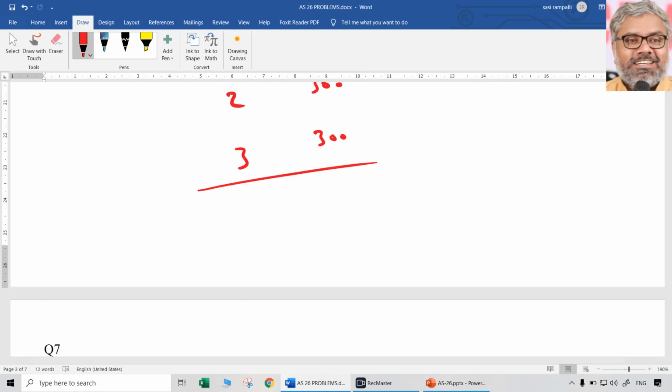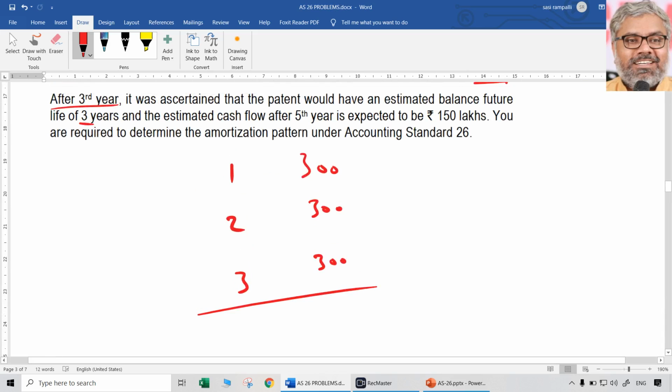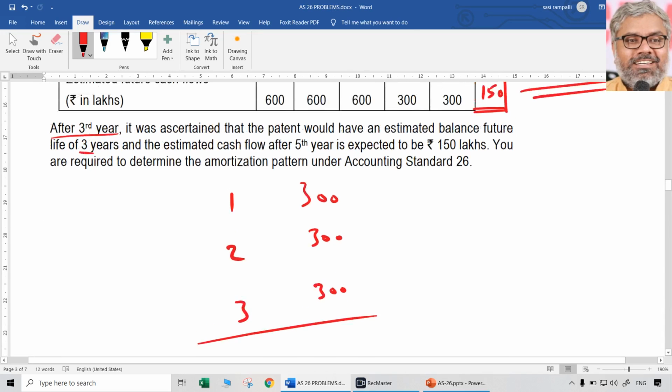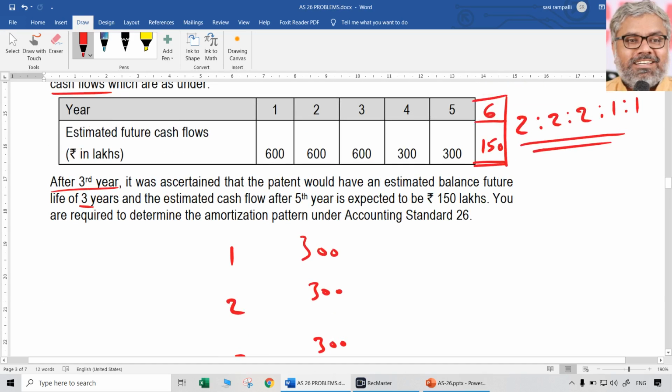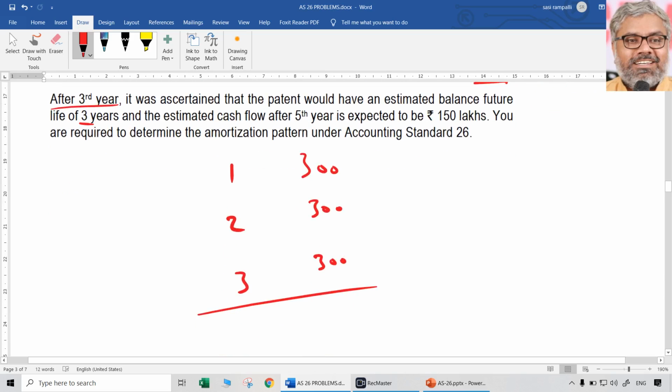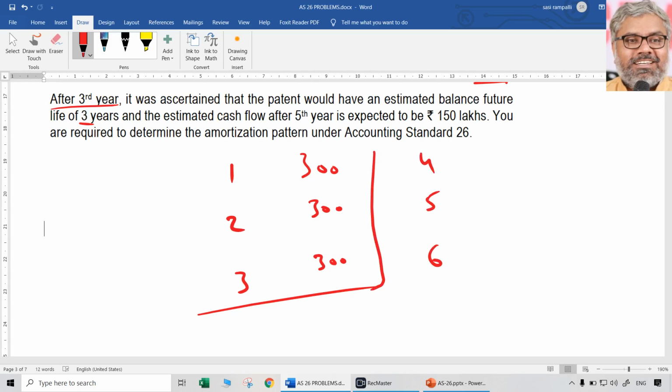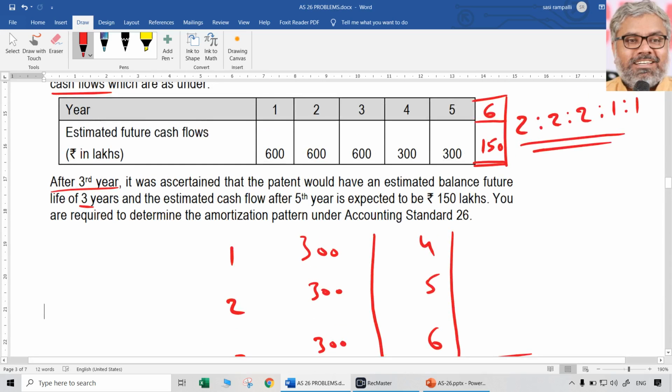So now the point is, how much would be the balance of this asset at the end of the third year? Already out of 1200, 900 has been amortized. That means the remaining is only how much? Remaining is only 300. This 300 has to be amortized in the 4th, 5th and 6th years. In what ratio?